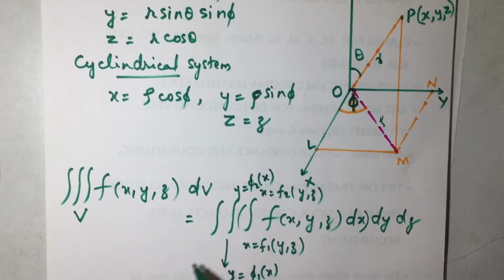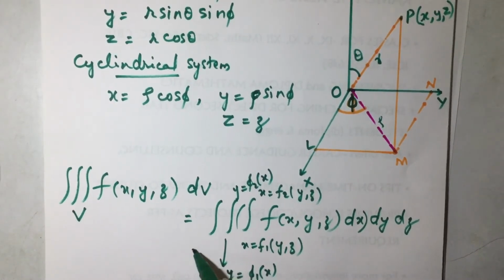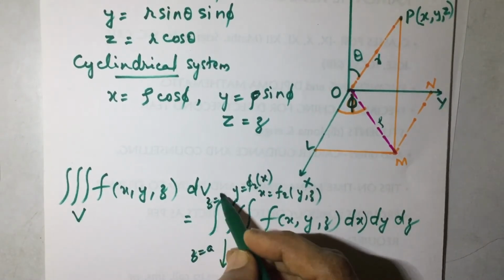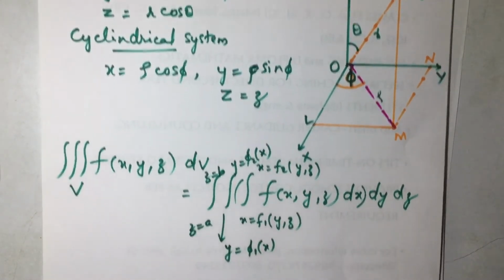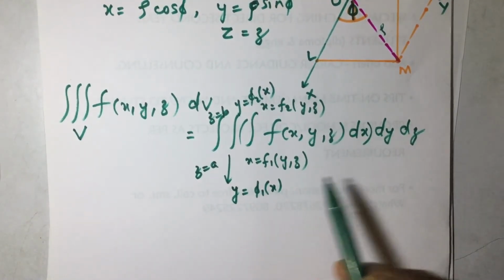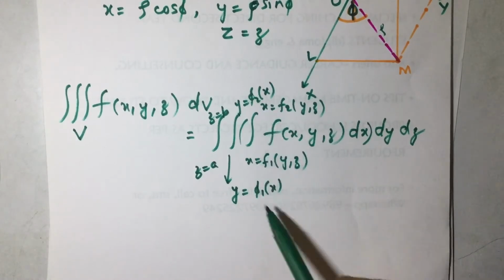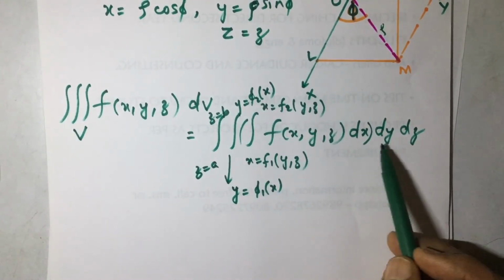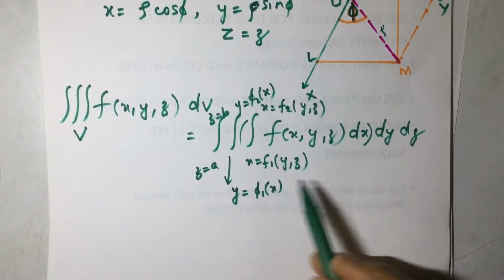Then the limits for z will be constants, z equal to a to z equal to b. Okay, so this is triple integration: you will see the limits, and as per those we will integrate.